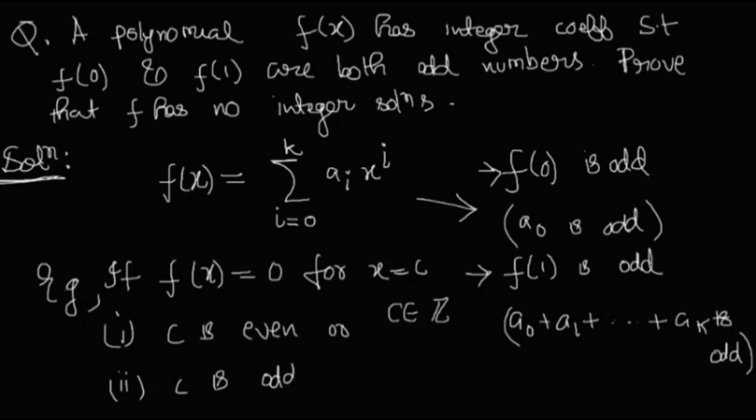Now try to find a contradiction in each of these statements. If you find contradictions in each of these, you will exhaust all the integers, and you can say that indeed this is not possible. So this is something you can use.